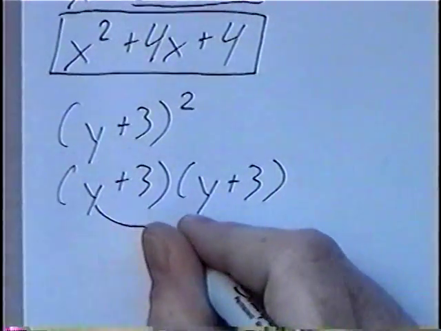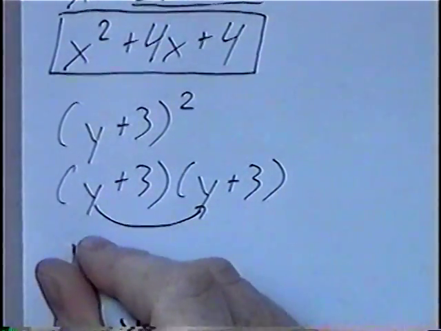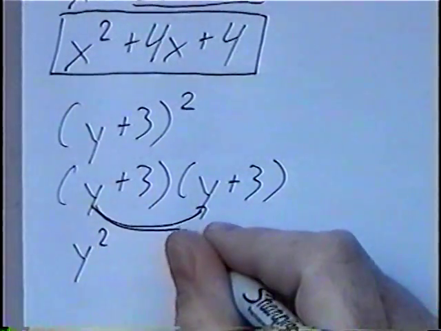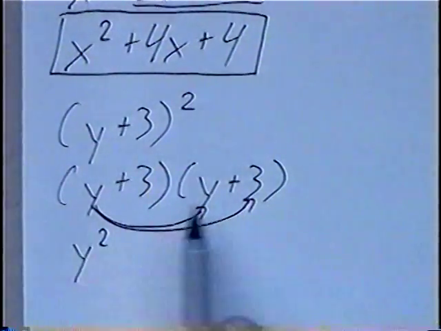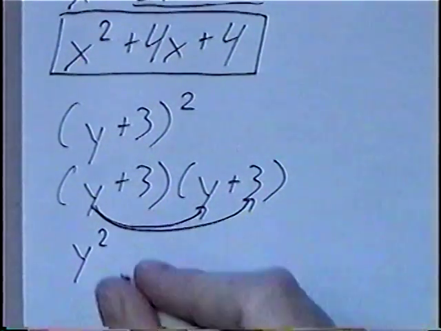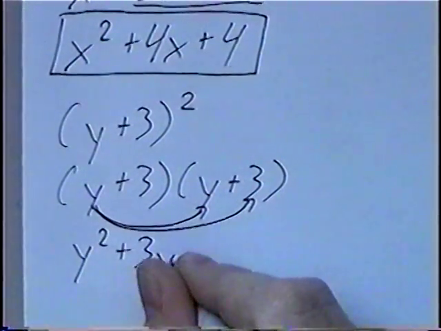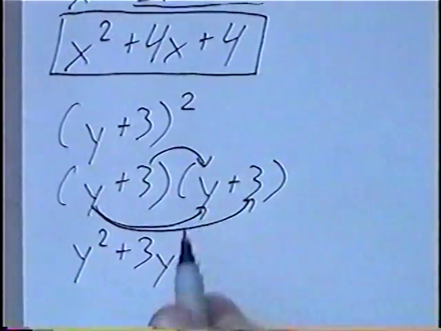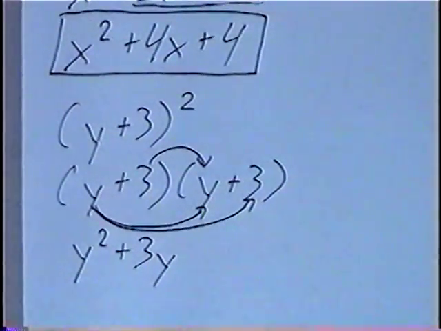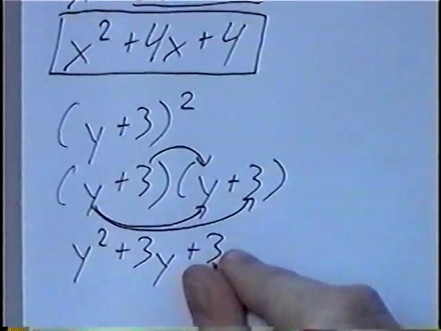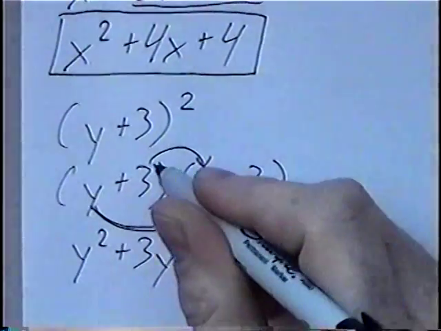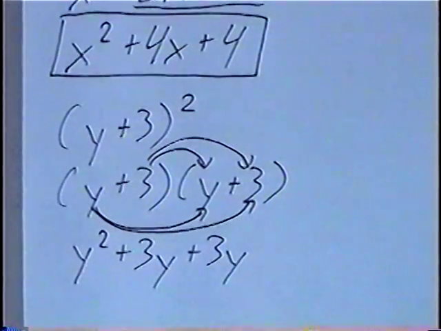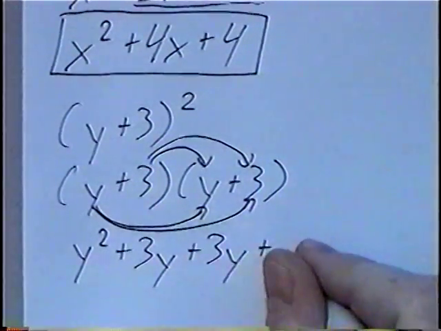Multiplying the first terms again, y times y would be y squared. Multiplying the far left times the far right for the outside terms, y times 3 would be positive 3y. Multiplying the inside terms, or two middle terms, 3 times y would again be 3y. And multiplying the last two numbers in each parentheses, 3 times 3, which would be 9.